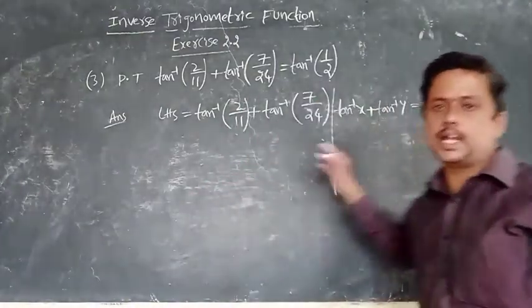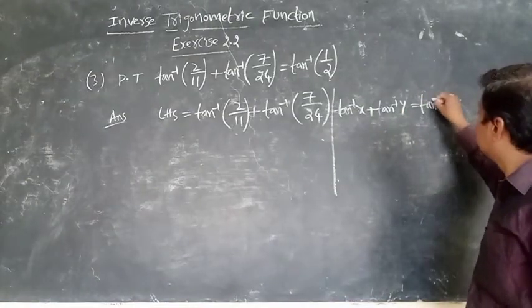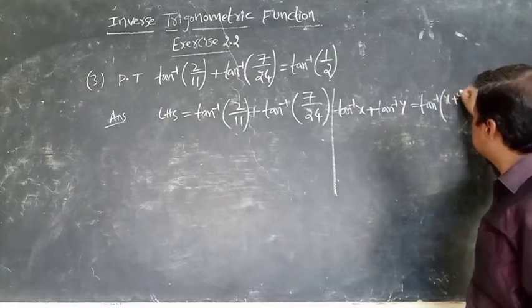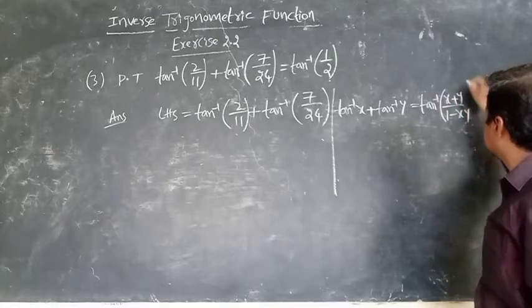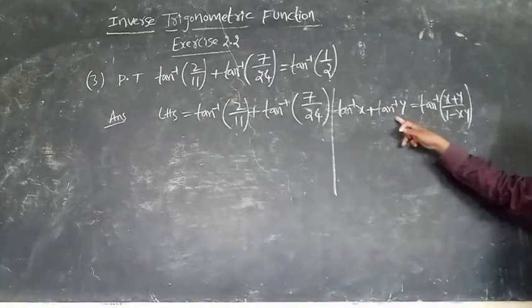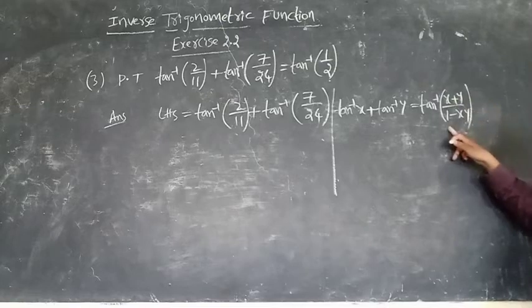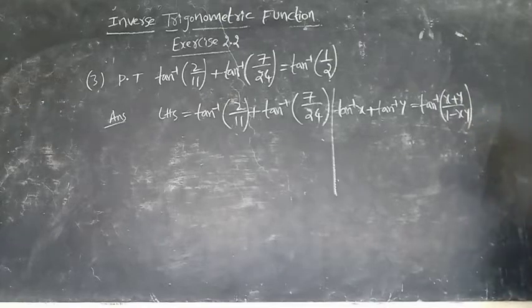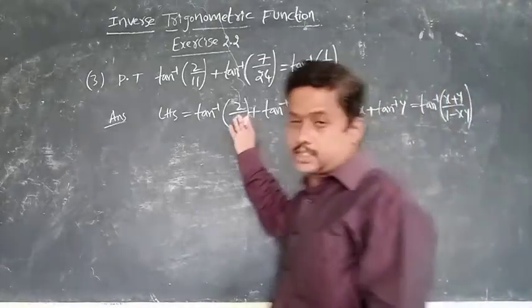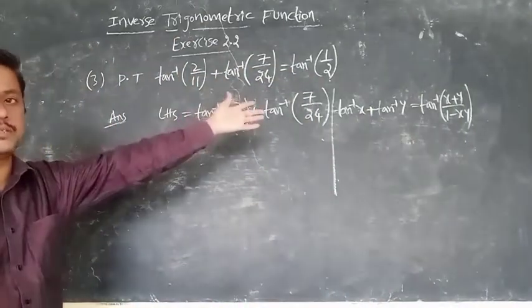Tan inverse x plus tan inverse y is equal to tan inverse of (x plus y) divided by (1 minus xy). So this is the formula I have to use. Here x is 2 by 11 and y is 7 by 24. Apply this formula here.